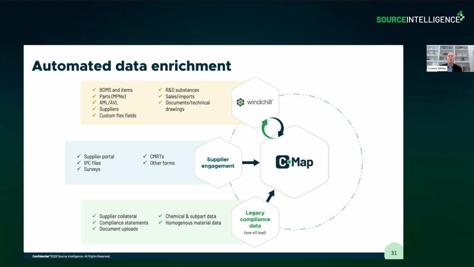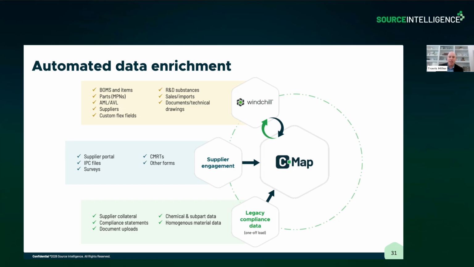They can look at what's happening with your BOMs, your parts, your approved manufacturer and vendor lists, the suppliers, those custom data fields, taps into R&D, sales, imports, is looking at documents and technical drawings and extracting data and have that evaluated for all these compliance obligations. So you know if you can ship to Europe or California or Asia Pac, wherever it might be.